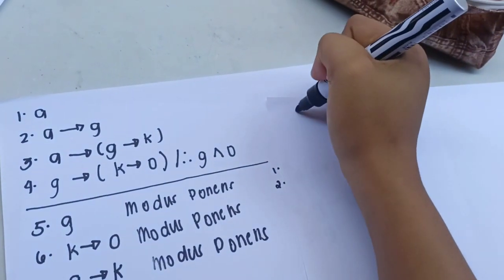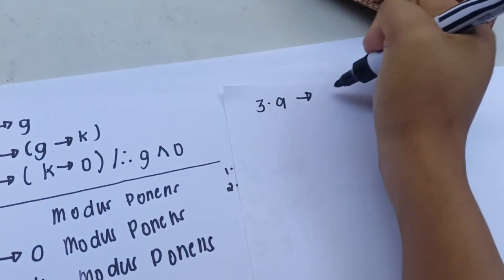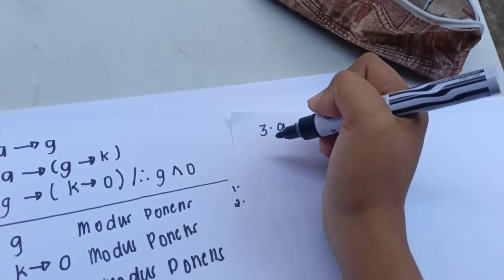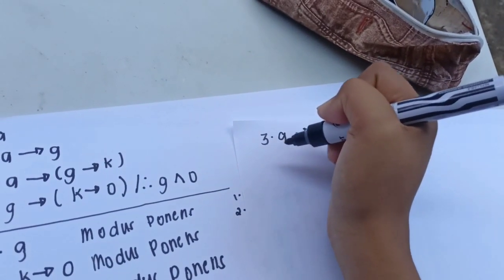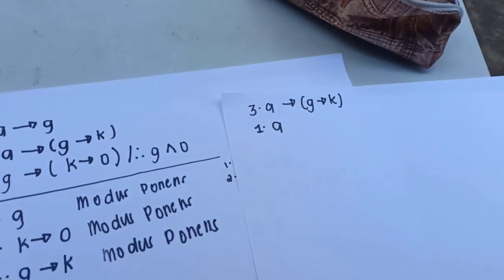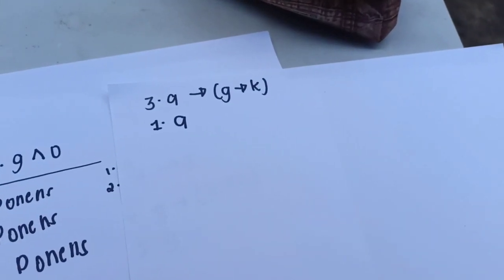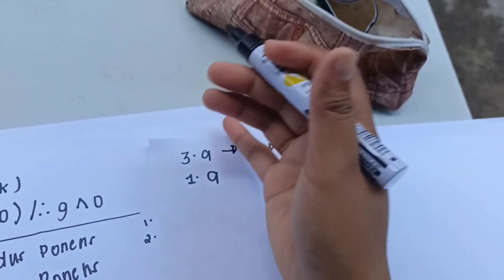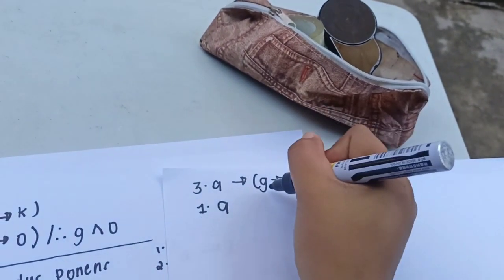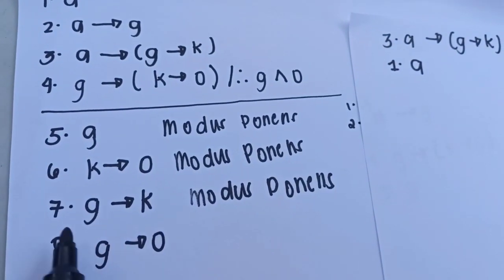So, number 3 is A implies G implies K. And number 1 is A. So, same na naman sila. So, sa modus ponens, kung ano yung same is yung matatanggal at kung ano yung natira is yun na lang. So, G implies K. Kaya naging modus ponens yung number 7.